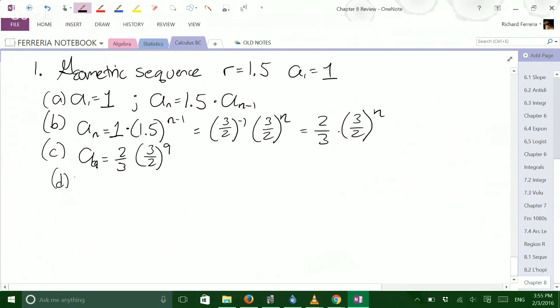Use the explicit rule to state if the sequence converges or diverges. Okay, so let's take the limit as n approaches infinity of a n. That is equal to the limit as n approaches infinity of 2/3 times 3/2 to the n. Note that r is bigger than 1, therefore this is going to diverge.